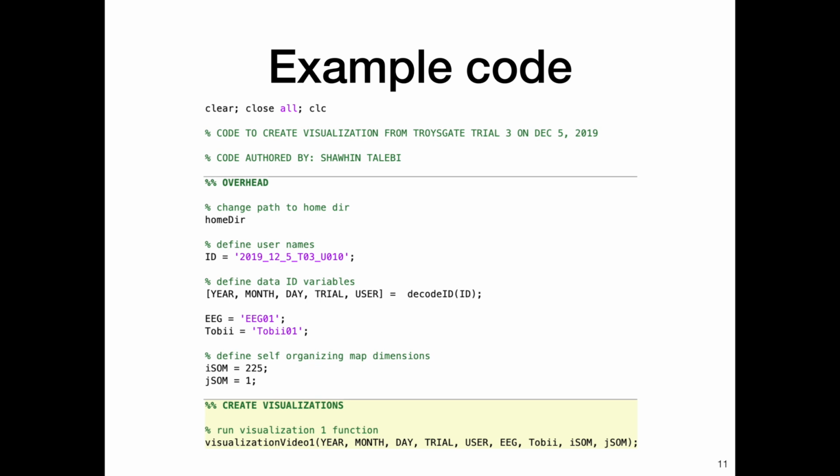Next, since we need data from two separate devices, here we define those device IDs separately. First, the Cognionics Mobile 128 system, given as EEG1, and the second is for the Tobii Pro Glasses 2, Tobii01. These device IDs can be customized by the user for their specific application.